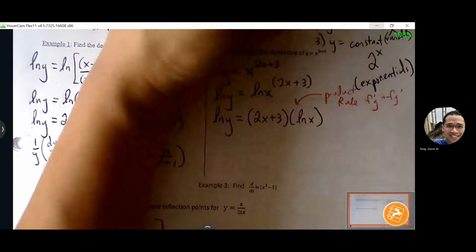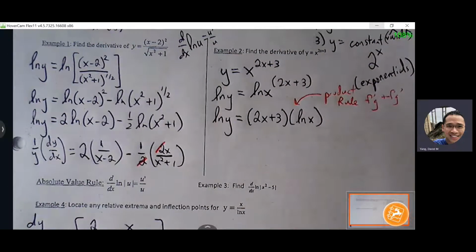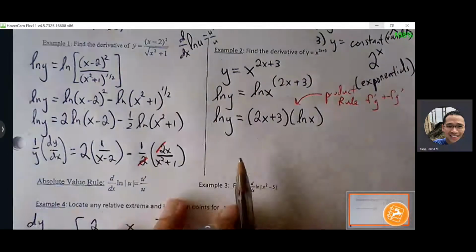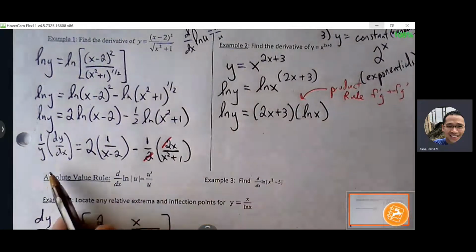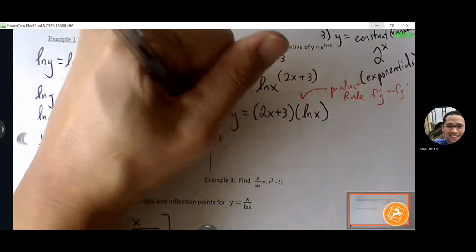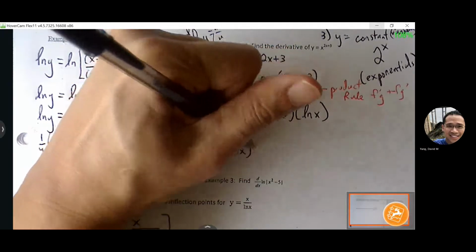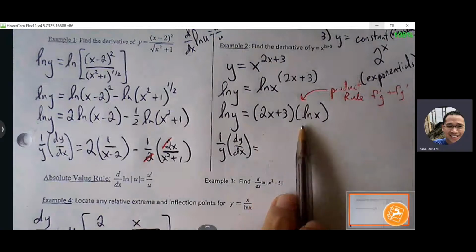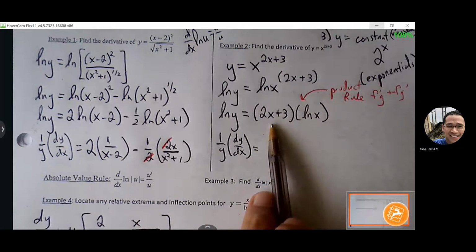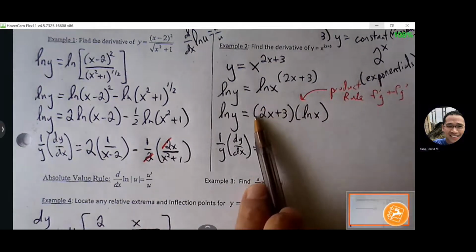Okay, f prime g plus f g prime. Okay, so natural log of y becomes 1 over y dy dx. Okay, f prime g plus fg prime. Okay, what's f prime going to be?